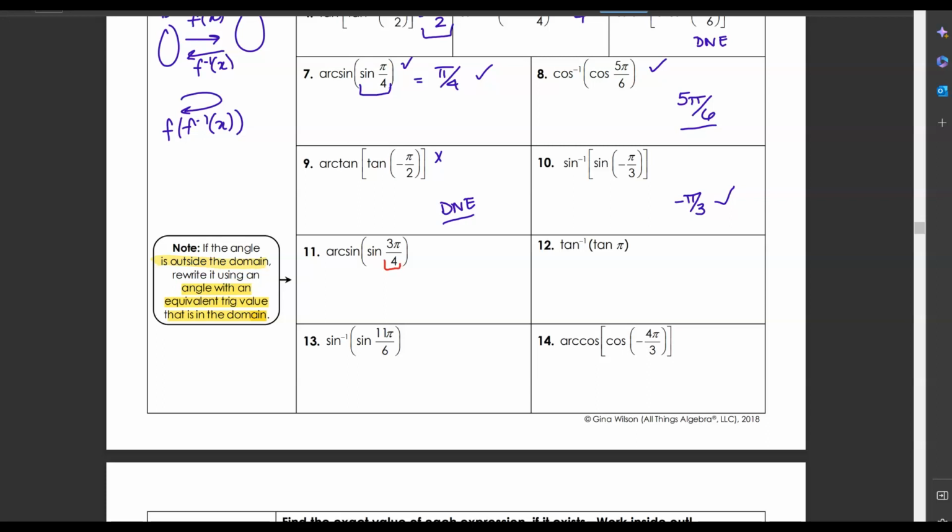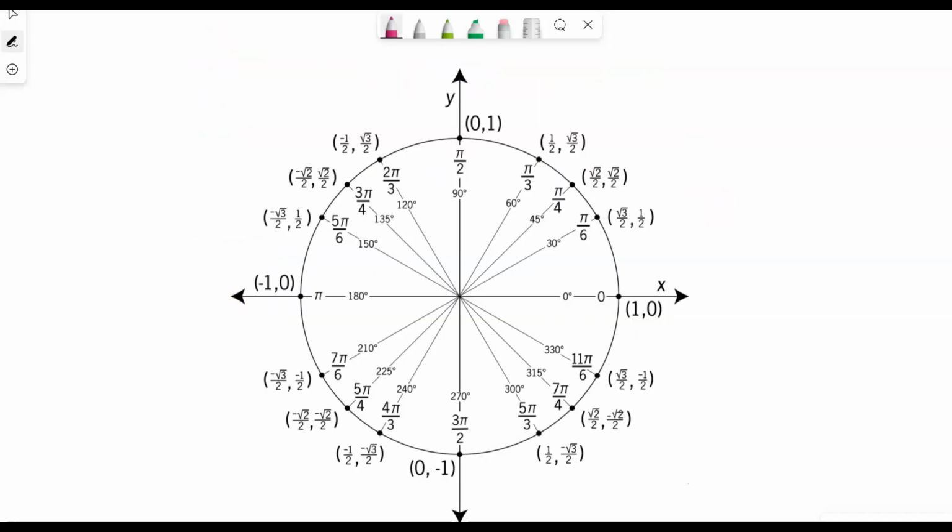Sine of 3pi/4 is not within the domain of sine. So let's take a look at the unit circle. For the sine value that we're looking for, 3pi/4, remember that the sine of 3pi/4 is going to equal the y value, which is going to be √2/2.